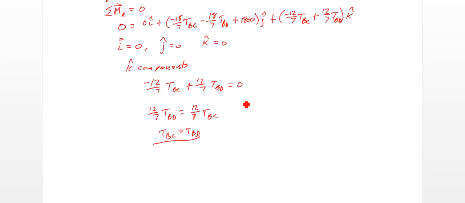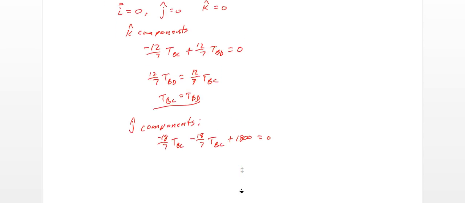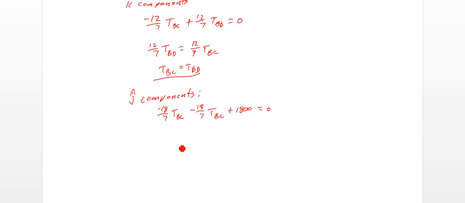Then I'll rewrite this j component section. We're going to have -18/7, and I'll just call everything tension BC here since tension BC and BD are equal, minus 18/7 tension BC plus 1800 equals 0. I'm going to keep my 1800 on that side and move my -36/7 to the other side.